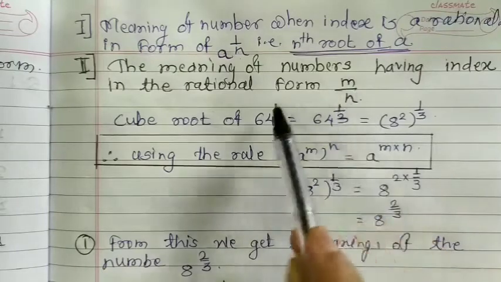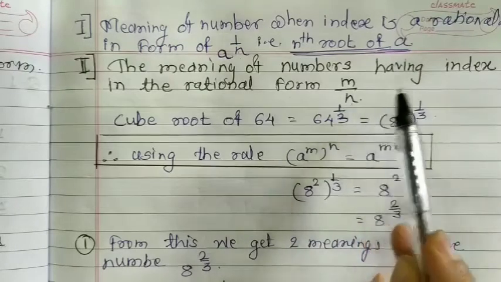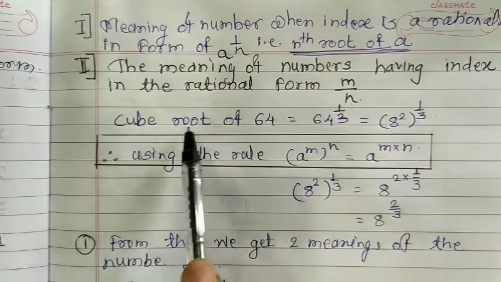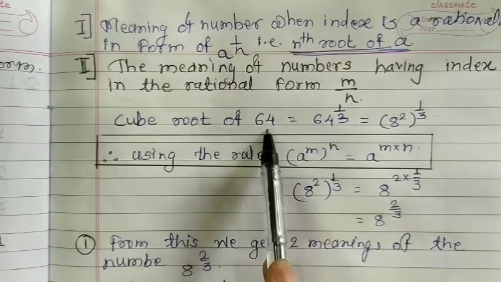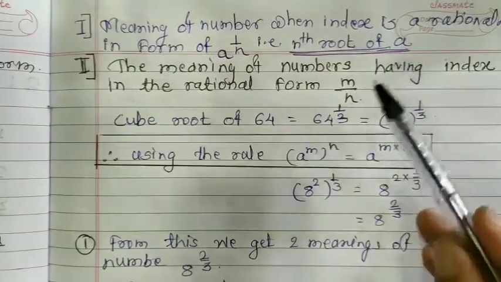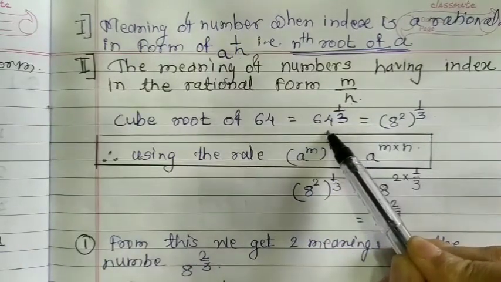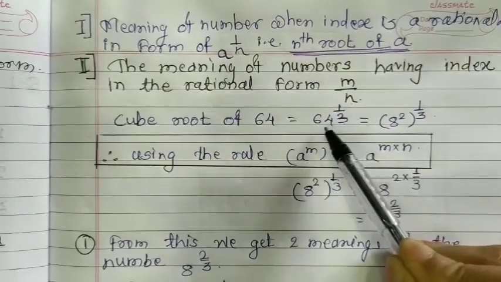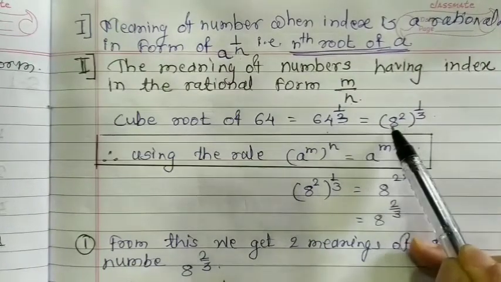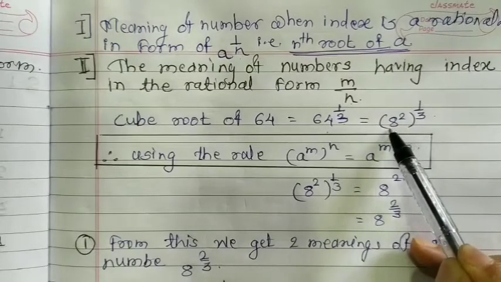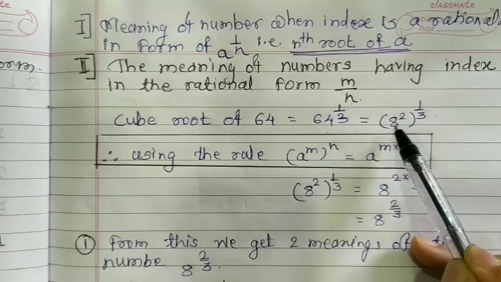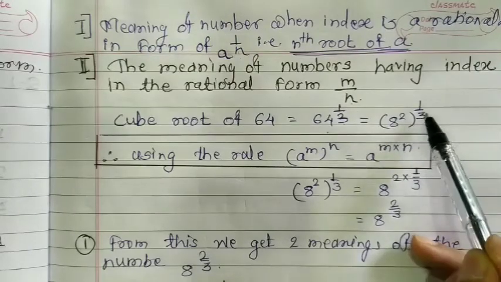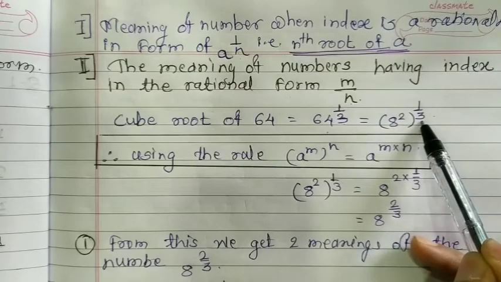The denominator is 1, but here the denominator is any number. When this form is there, here is an example: cube root of 64. By the first method we can write it as 64 raised to 1 upon 3. But 64 is the square of 8, so we can write (8 squared) raised to 1 upon 3.